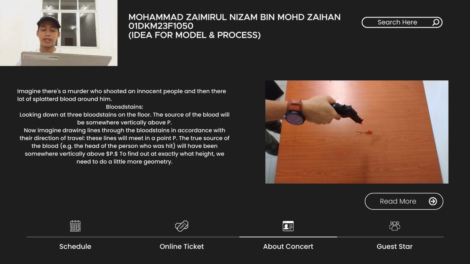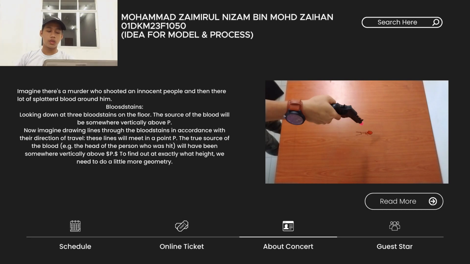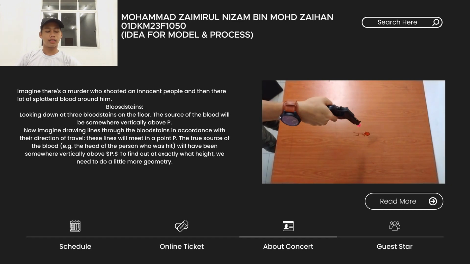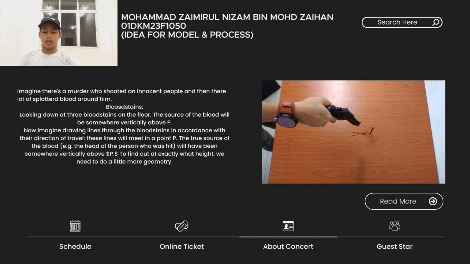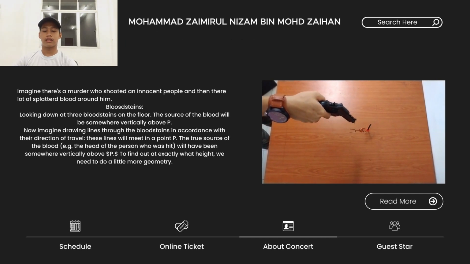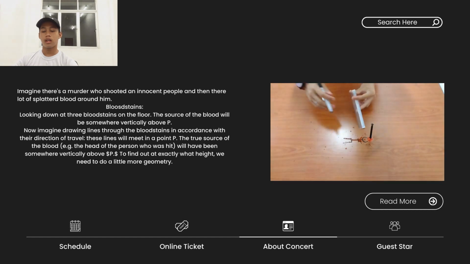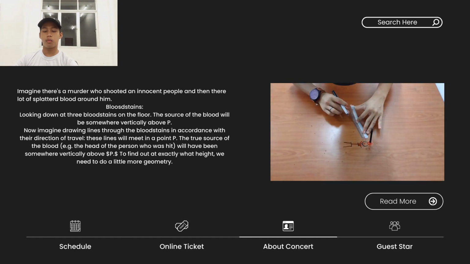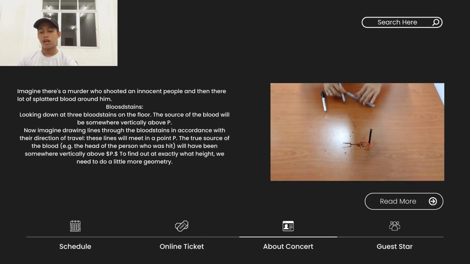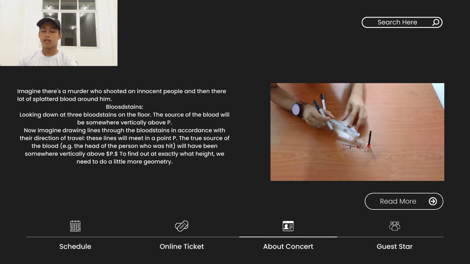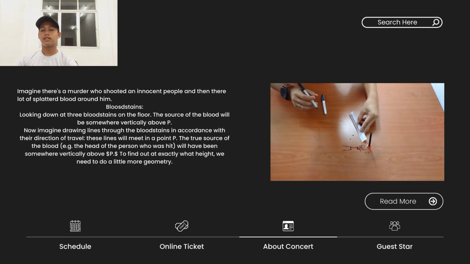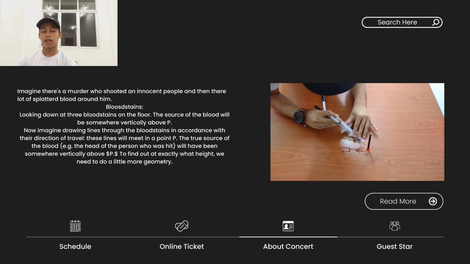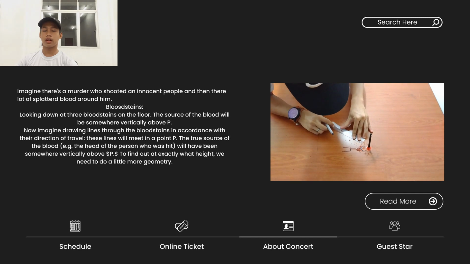Okay, imagine there is a murderer who shot innocent people, and then there is a lot of splattered blood around him. Looking down at the bloodstains on the floor, the source of the blood will be somewhere vertically above P. Now imagine drawing lines through the bloodstains in the direction of travel.